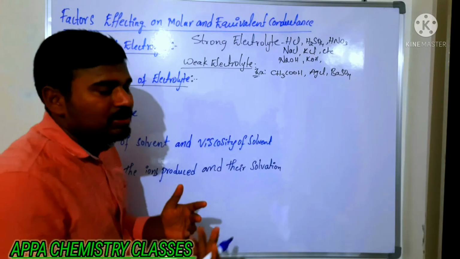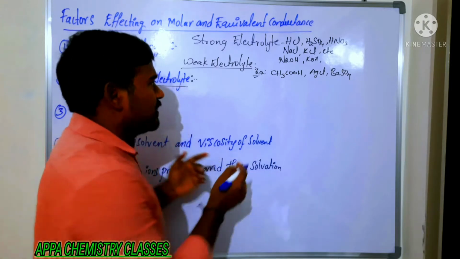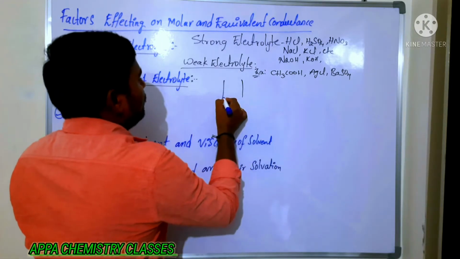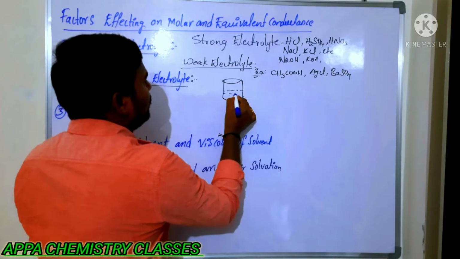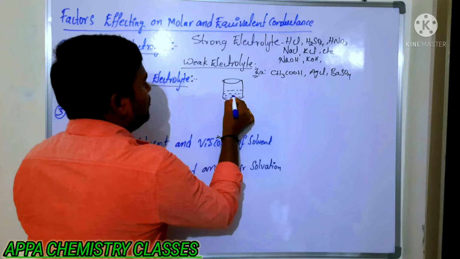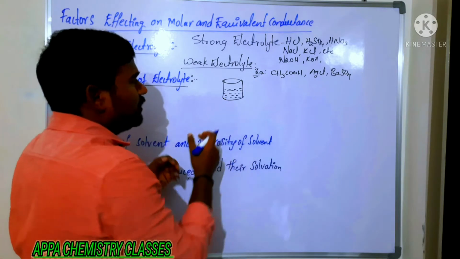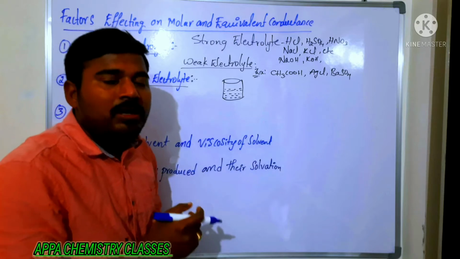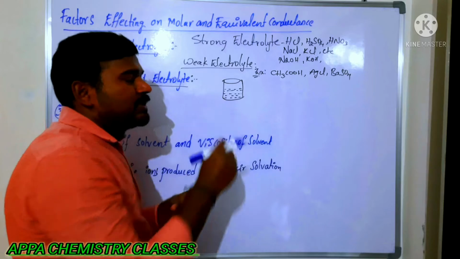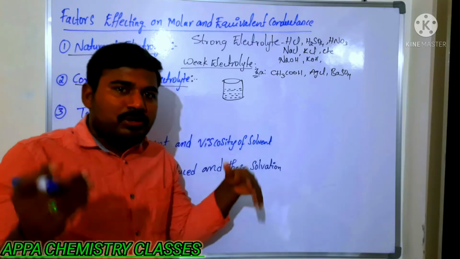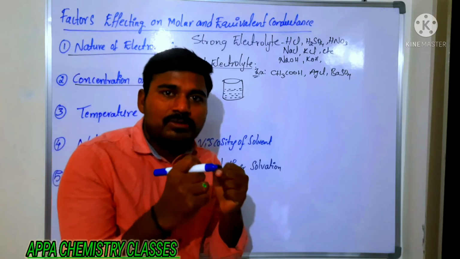As concentration increases, what happens? In the case of a strong electrolyte, say we take a beaker with some quantity of water, for example 5 liters. Some quantity of solute is added. We keep the volume constant and add an excess quantity of solute. Then the solute dissociates, and all the ions are very close to one another.